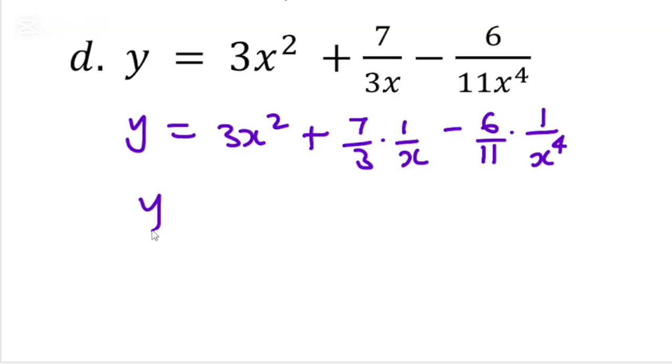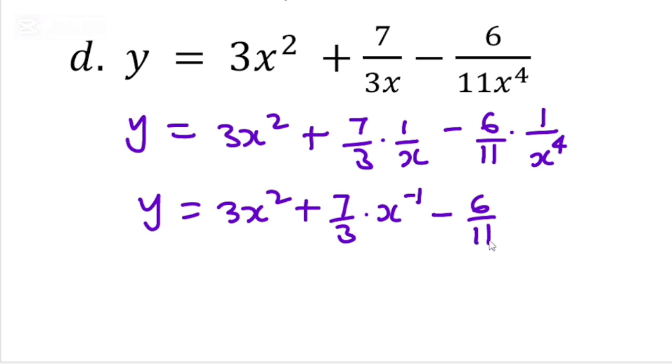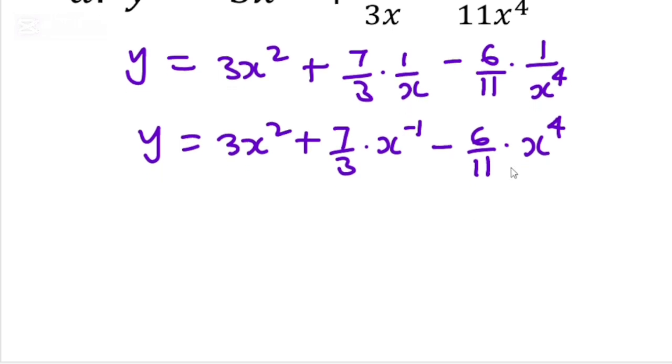So we're going to have y is equal to 3x squared plus 7 over 3 times x to the negative 1 here, then minus 6 over 11 times x to the negative 4th power.